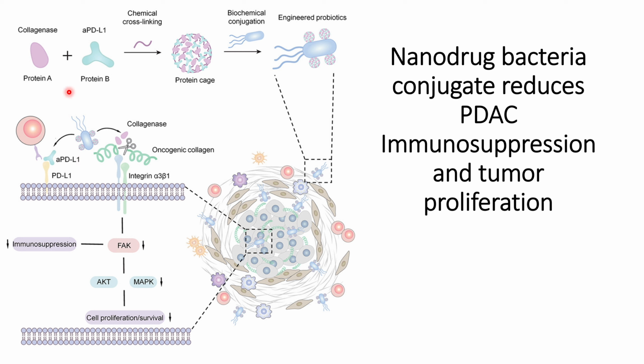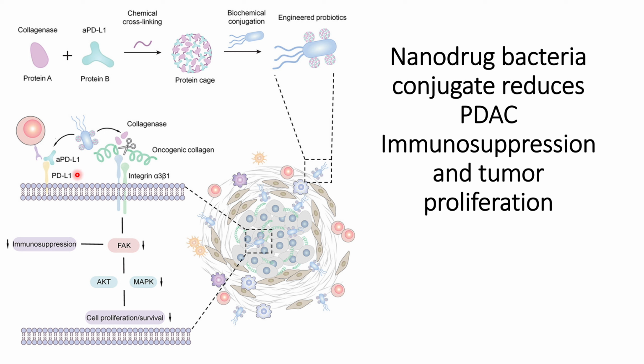So because of this property, the E. coli bacteria can enter into the hypoxic ECM environment of the tumor cells, where it releases collagenase and anti-PDL1, and this anti-PDL1 antibody can compete with the anti-PDL1 present in the tumor microenvironment to inhibit these PDL1 ligands.